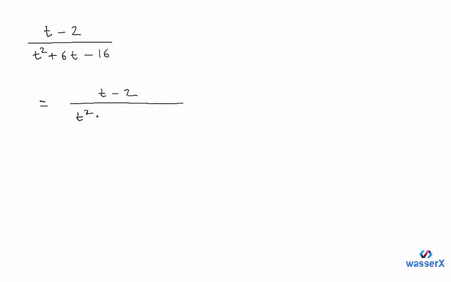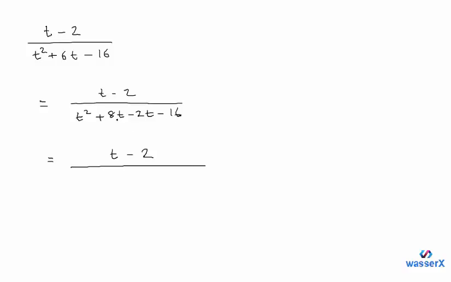And the two numbers are obviously going to be 8t and minus 2t, because 8 minus 2 is plus 6 and 8 times negative 2 is negative 16, minus 16.